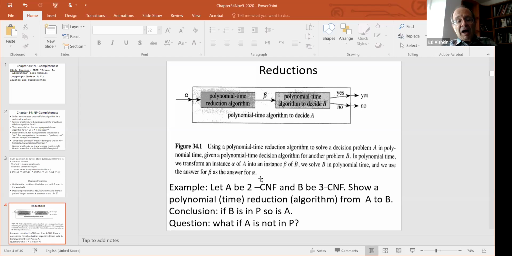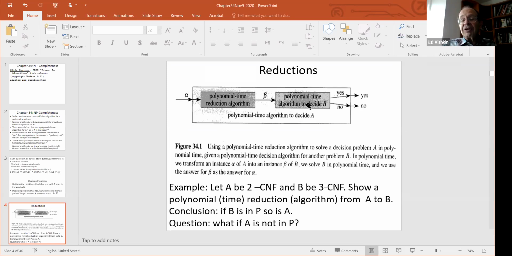Suppose I know that A does not have a polynomial time algorithm, and that I built for you a polynomial time reduction from any input of A to any input of B. What can you tell me about B? So let me ask you a more specific question.